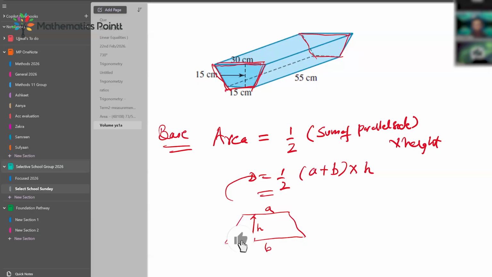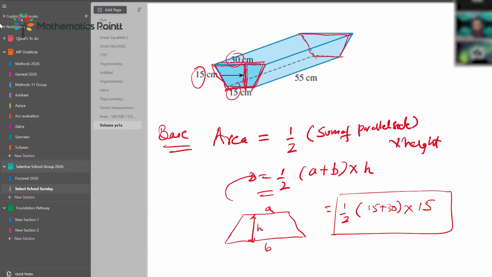Let's plug the values in. Half. The first parallel side is 15. The other parallel side is 30. So 15 plus 30 times its height, the height of the trapezium, which is this height, the 15. So that is the area of the base. Now, if I multiply it with the height of the object, which means another 55 here, job done, finish.